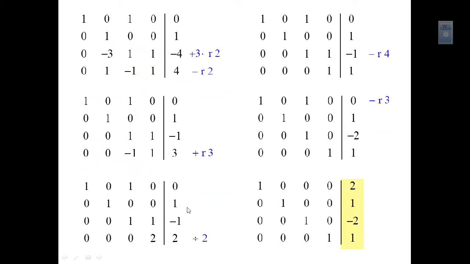So in reduced row echelon form, you end up with A being 2, B being 1, C being -2, and D being 1.